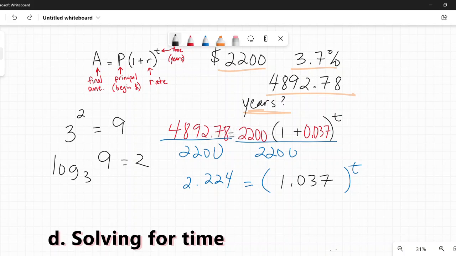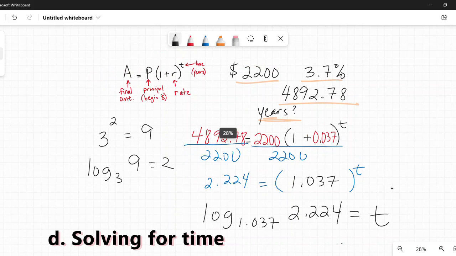So remember, this is our base. So log base 1.037, and then the power goes here, and what it equals in the exponent goes here. Now this I can solve.